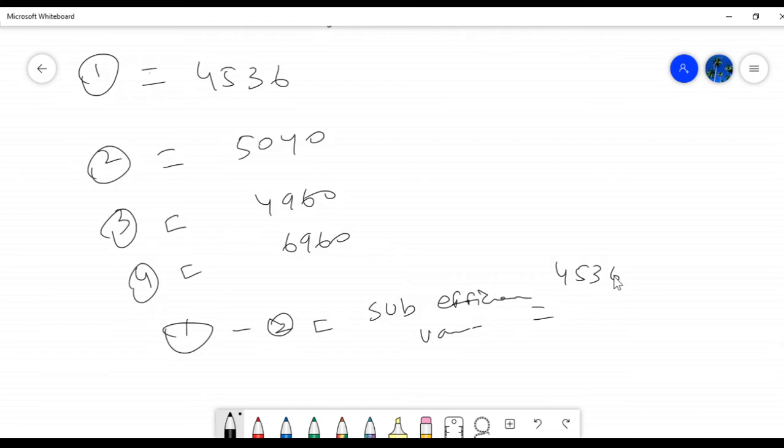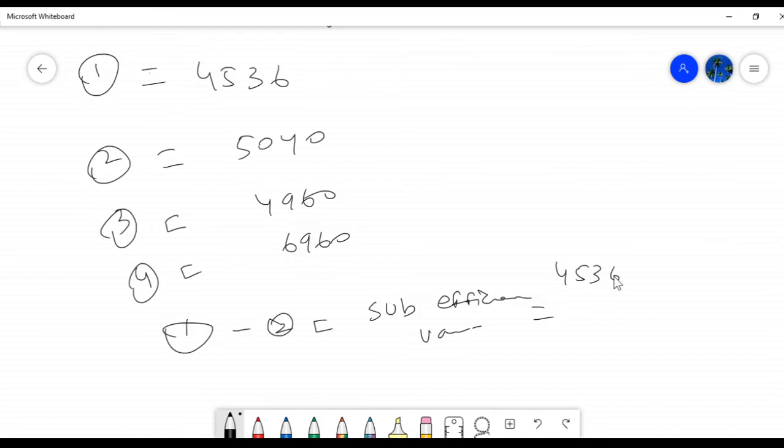Then 2 minus 3 equal to what actually? Mixed variance. So 5040 minus 4960 equal to favor. How much favor? 80 rupees favor.